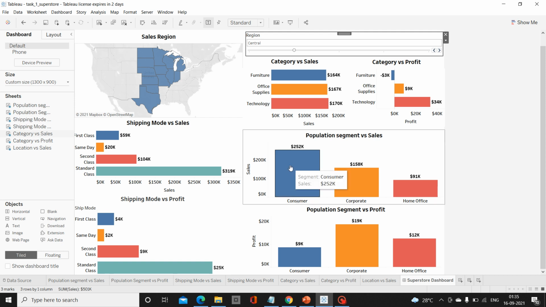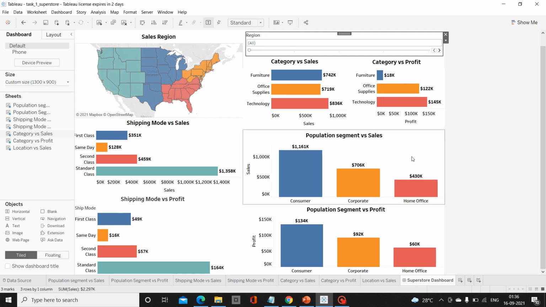This is one of the weak areas where we have to work upon so that the profit contributed by the consumer segment improves and helps us to improve the overall profit earned by the company. Also in the same bar chart, we can see that the contribution of home office in all the regions combined is the least for both sales as well as profit.